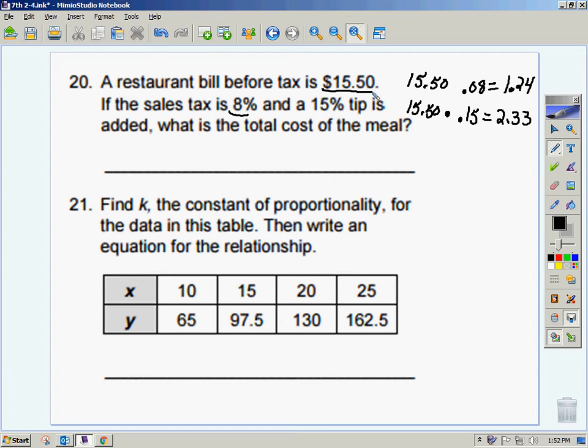I took 1550 times 8%. I took 1550 times 15%. That's where these two numbers came from. Now I'm going to take my 1550. I'm going to add the tax to it, $1.24. I'm going to add the tip to it, $2.33. And I'm going to find out that I paid $19.07.